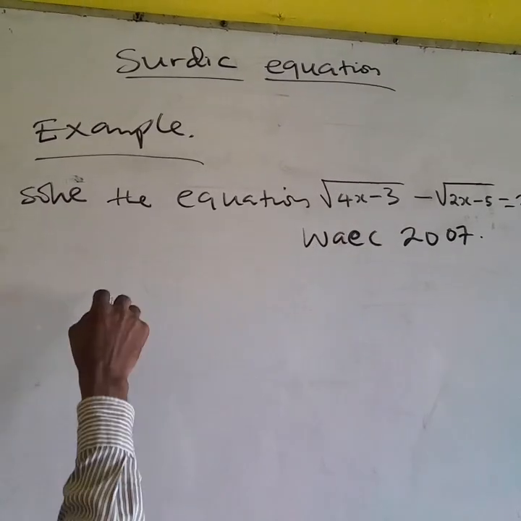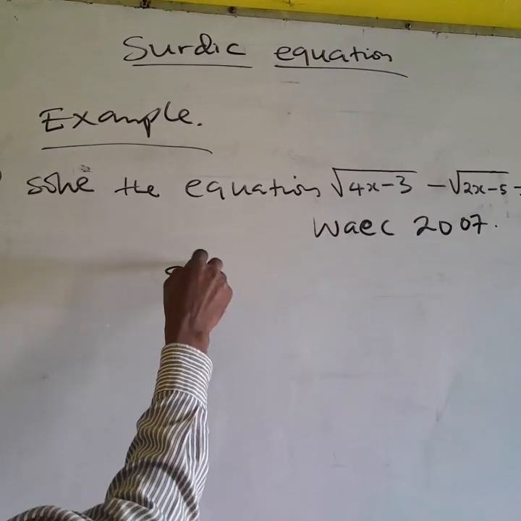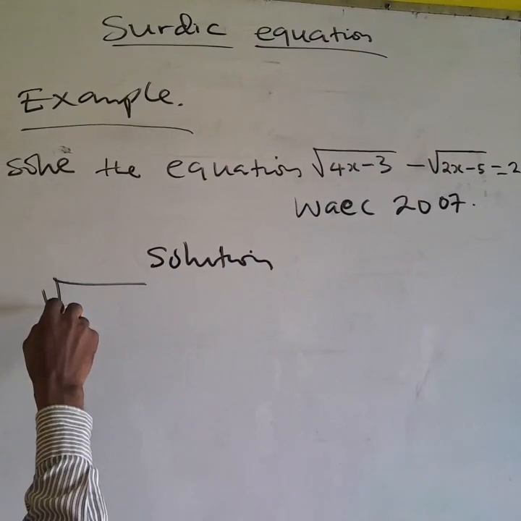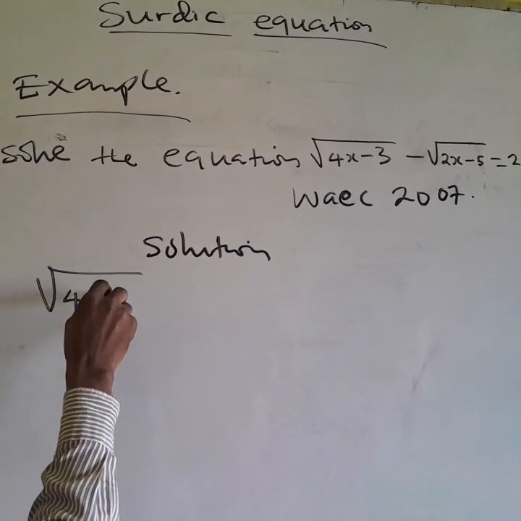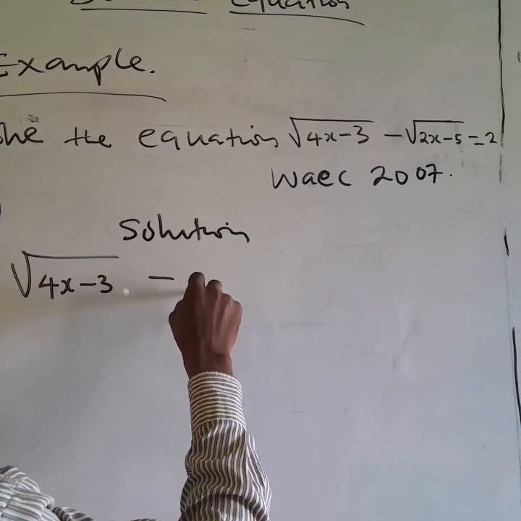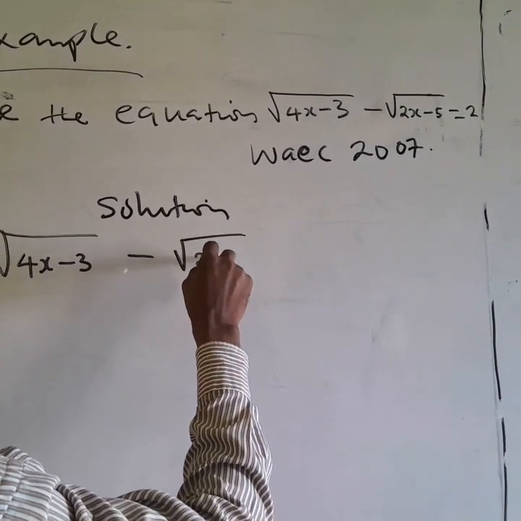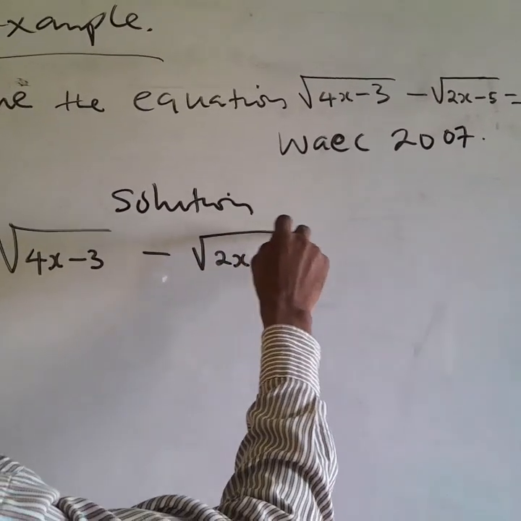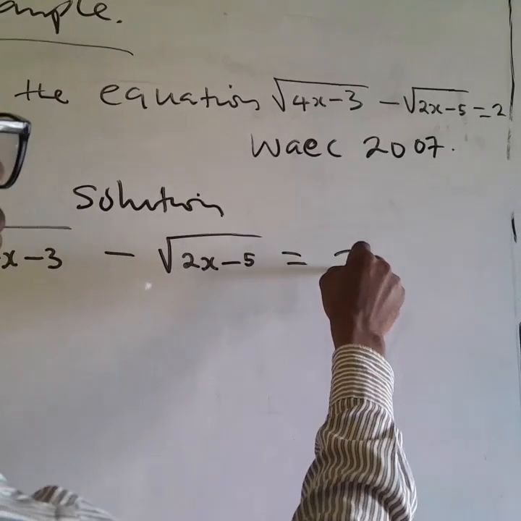So here we have the square root of 4x minus 3, minus the square root of 2x minus 5, equal to 2.